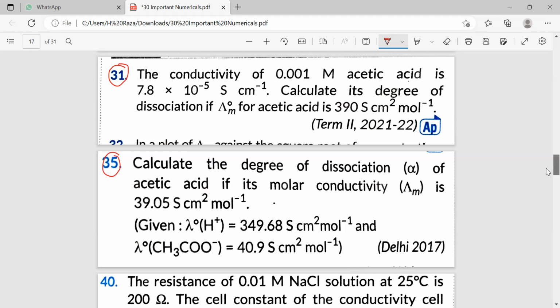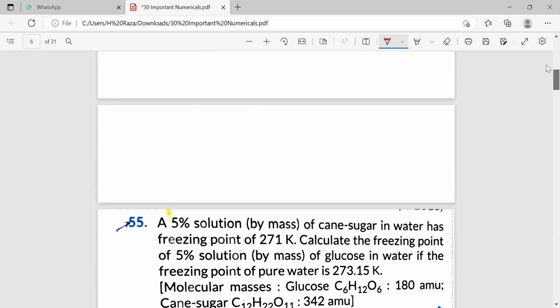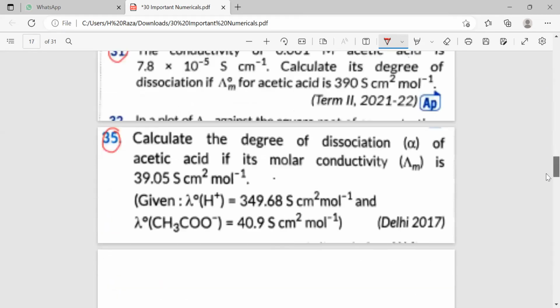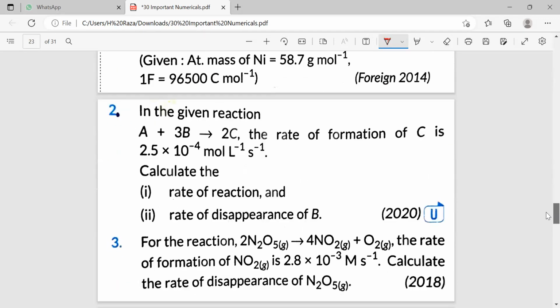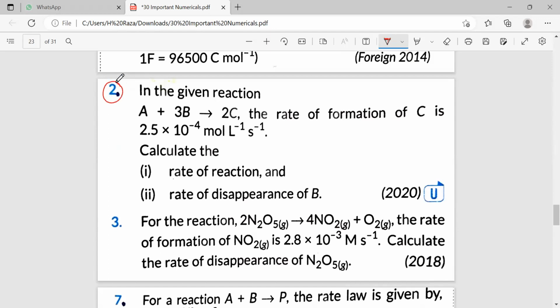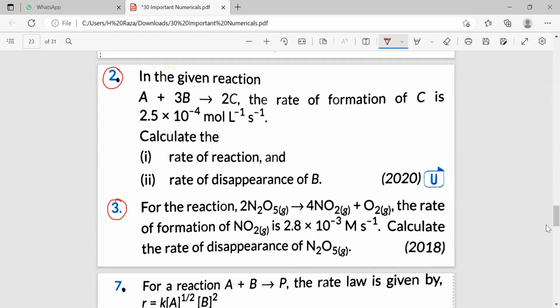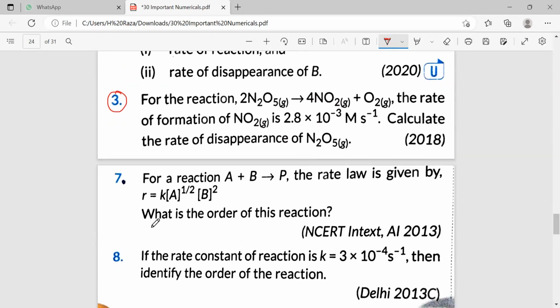Then I need to give a question from here. Question number 2 and question number 3. Just take the screenshot. Okay, the last question, 7 and 10. I have given you 11 questions, and you need to solve it right now. And tonight you are going to send it to me. No excuses, please.